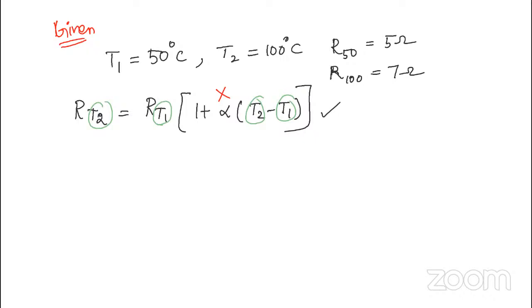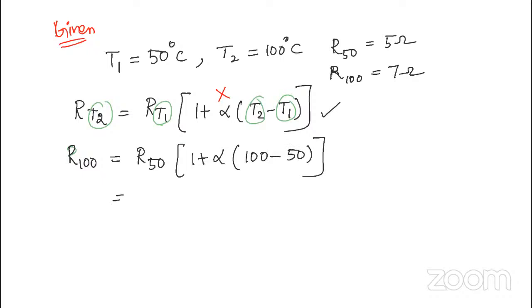So let us now substitute the given values. Okay, R100 is equal to R50 into 1 plus alpha into T2 value, it is 100 minus 50. If you solve the expression, we are getting the answer. Now we know the values for R50 and R100.